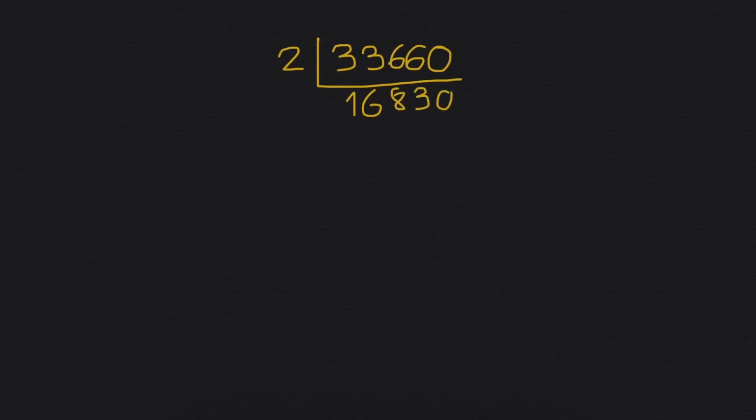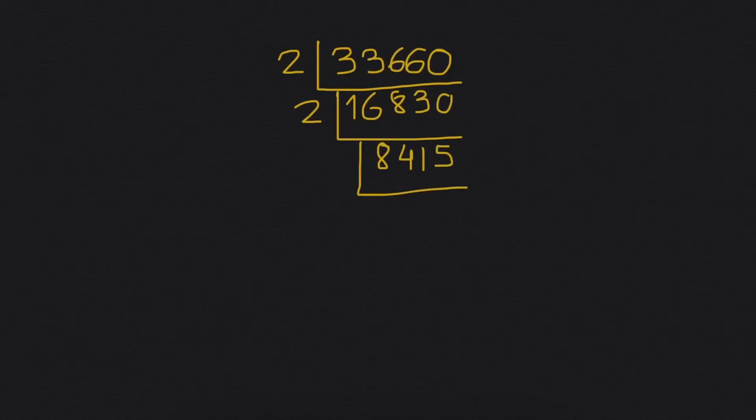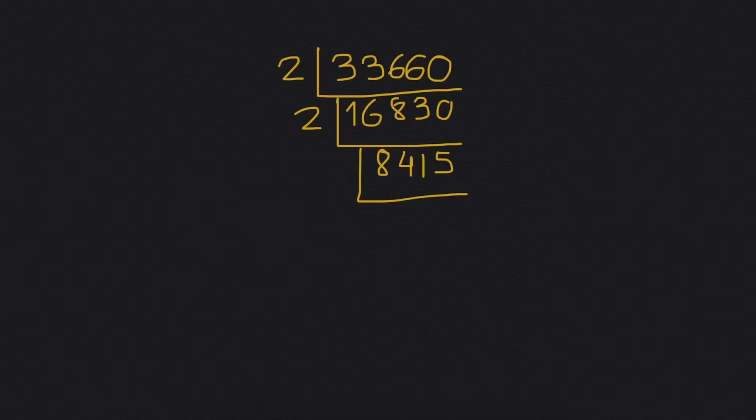33660. Now we have to factorize this again. The first step is to divide by 2. To check if the number is divisible by 3 or not, we can check if the sum of the digits of the number is divisible by 3. In case of 8415, 8 plus 4 plus 1 plus 5 is equal to 18, which is divisible by 3.